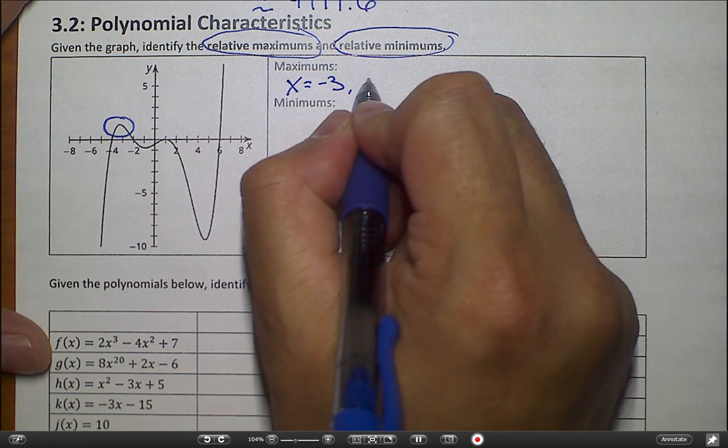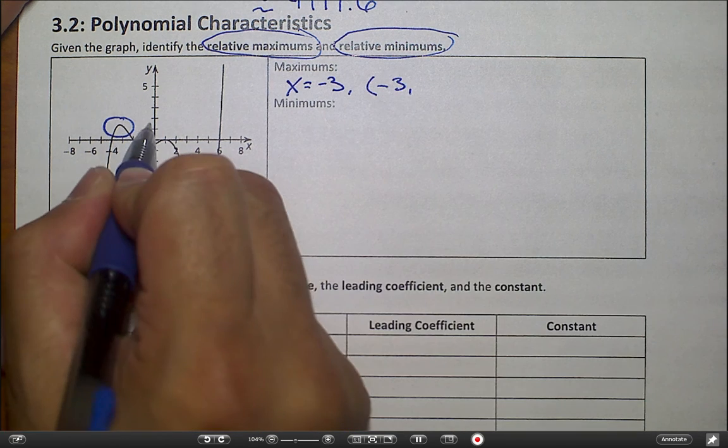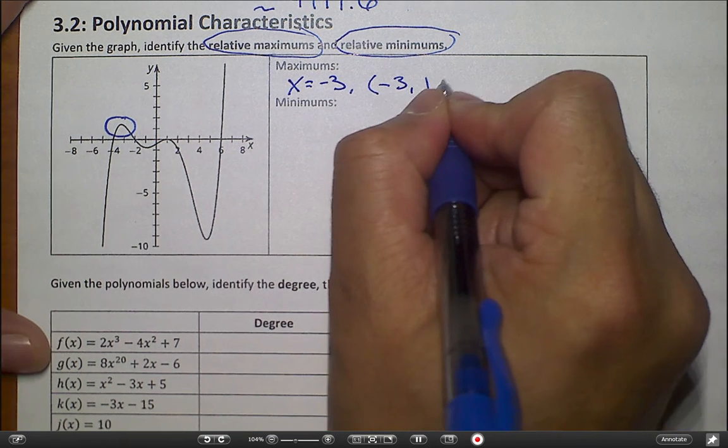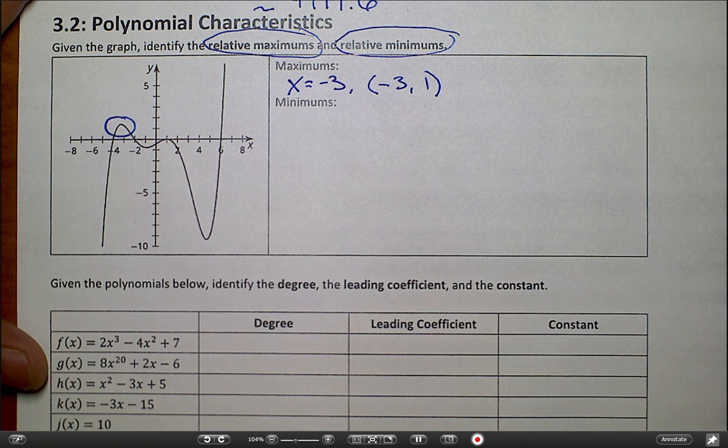So the ordered pair on that one would be -3, comma, and that looks like it goes up to 1. And do we have another one where it comes up to a peak? Where's that? Give me the x value. At 1, right?